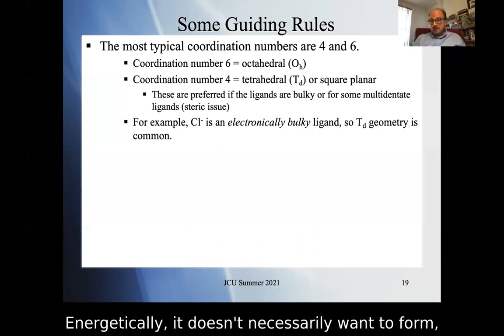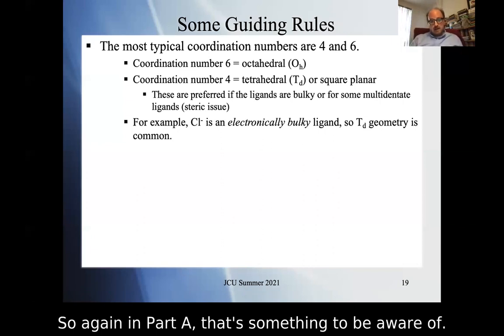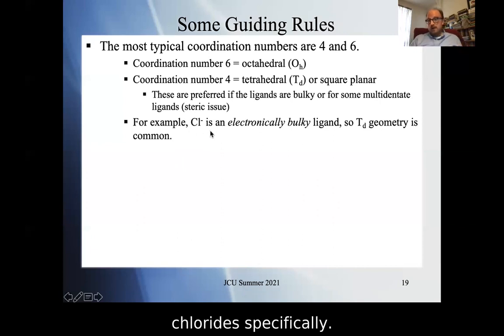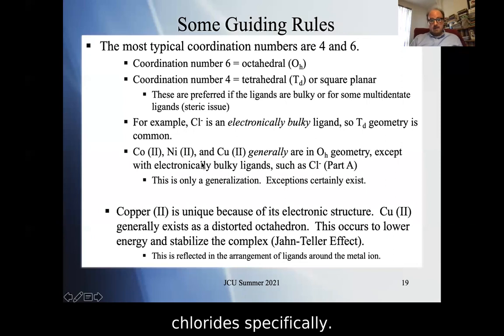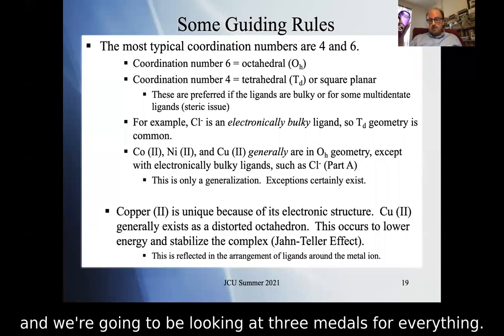Again, energetically, it doesn't necessarily want to form, but you can force it to form because of that concentration. So again, in part A, that's something to be aware of because that's where we're going to look at chloride specifically. Now, for the other parts, so parts B, C, and D, we're going to be looking at 3 metals for everything.